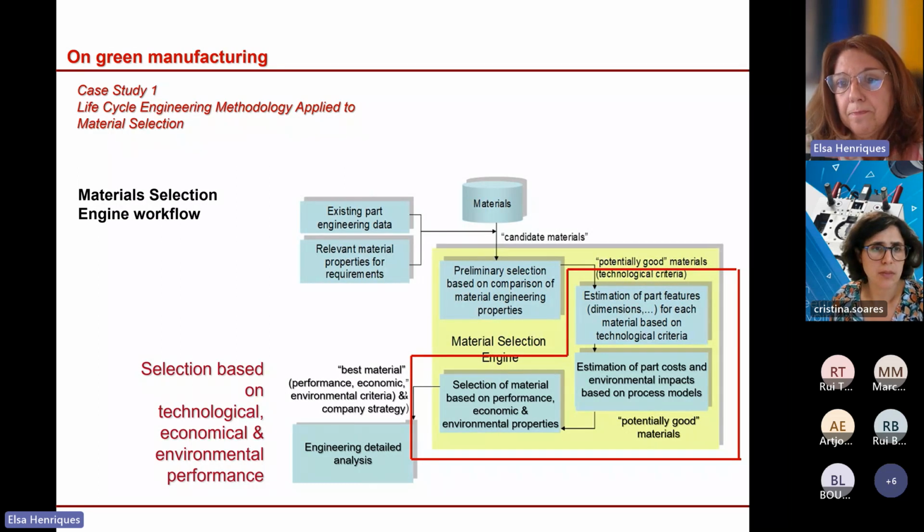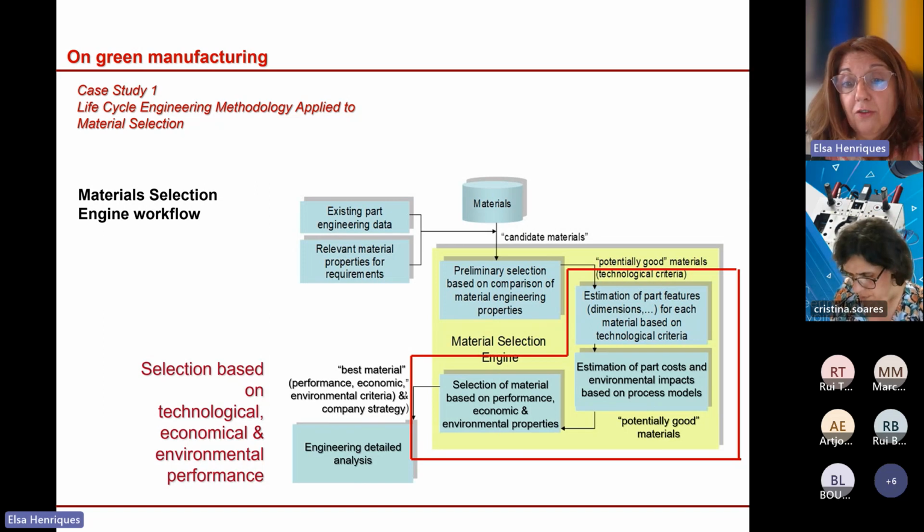Okay, so the first phase is the estimation of part features. Because if the material changes significantly in terms of engineering properties, maybe the design of the part needs to be redone, changed. Afterwards, we can estimate the part costs and the environmental impacts based on process models.